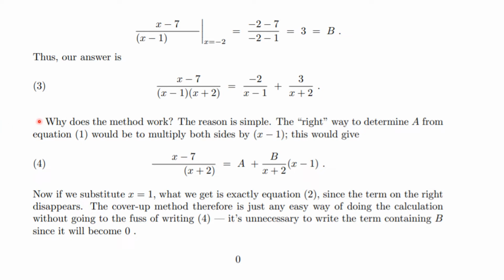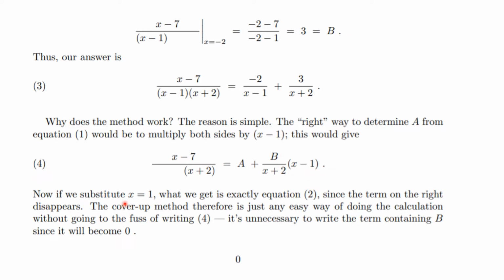Now, why does this method work? Well, the answer is simple. The right way, the way mathematicians would teach you to do this, is to determine a from equation 1, the original equation, by multiplying both sides by x minus 1. The x minus 1 would cancel here, and you have this expression because we have to multiply b over x plus 2 as that.